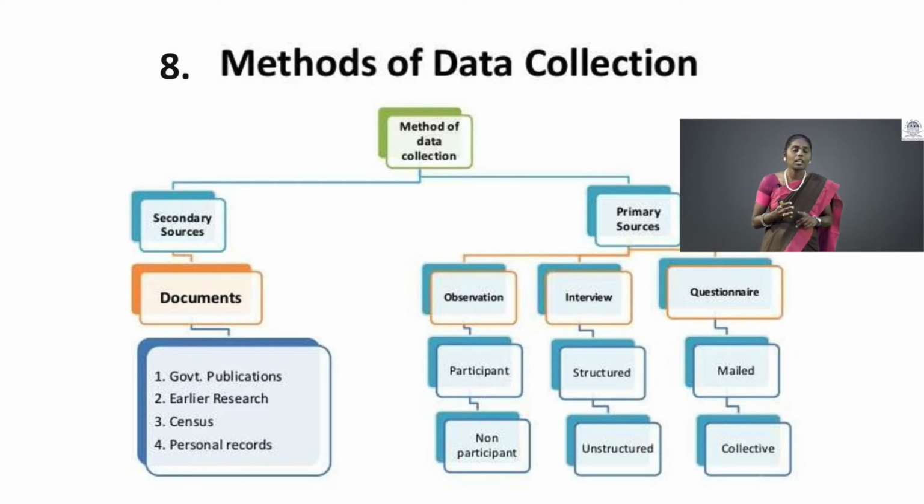So there are two types under observation, participant and non-participant. By being a participant, you can collect the information, or by not participating, by just being an observer, you will also be able to collect the data.